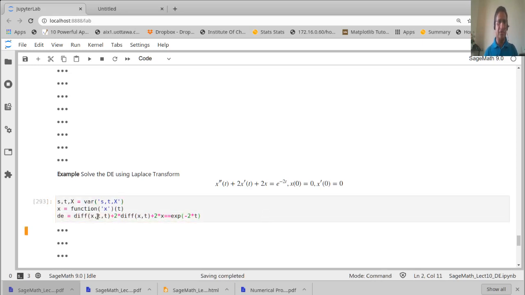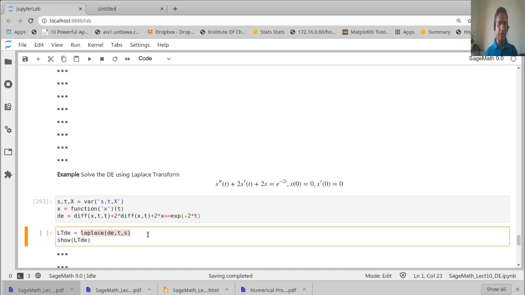So second derivative of x with respect to t plus 2 into first derivative of x with respect to t plus 2x is equal to e to the power minus 2t. And now let us take the Laplace transform on both sides. So LTDE is the Laplace transform of the differential equation with respect to variable t and s.